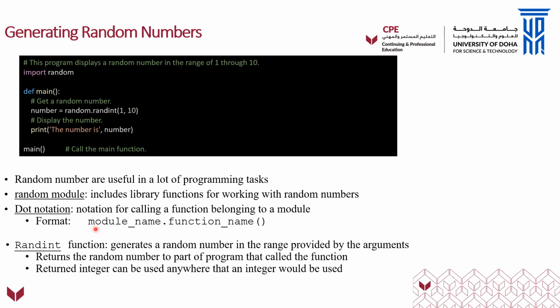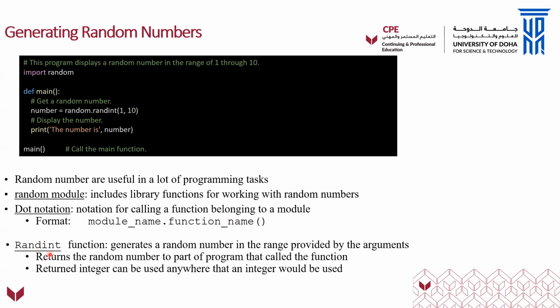This is how to call any function in the random module: the name of the module, random, followed by a dot, followed by the function you want to call, like random.randint. And because it's a function, you have to open and close parentheses. And if this function should receive parameters, you have to pass them.